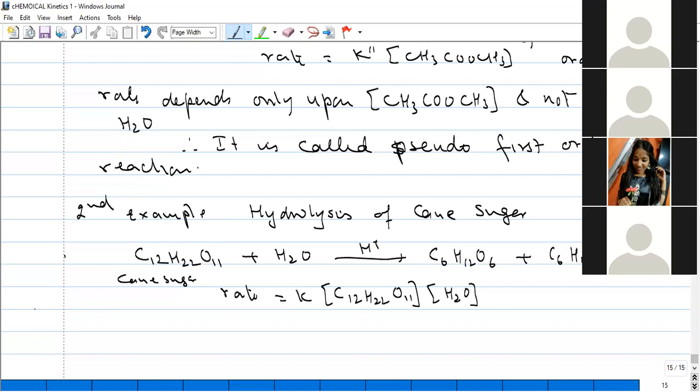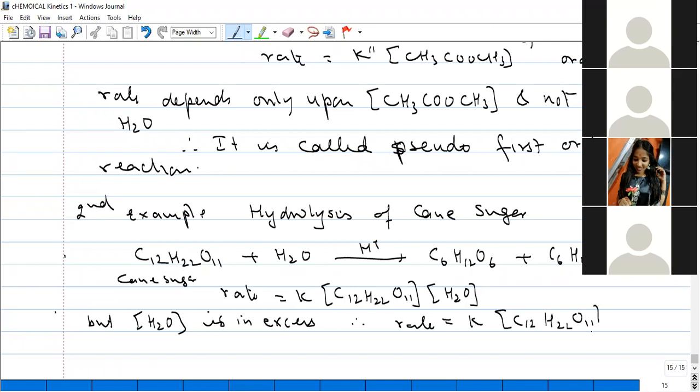But the concentration of water is in excess. Therefore, rate is equal to K into C12H22O11.